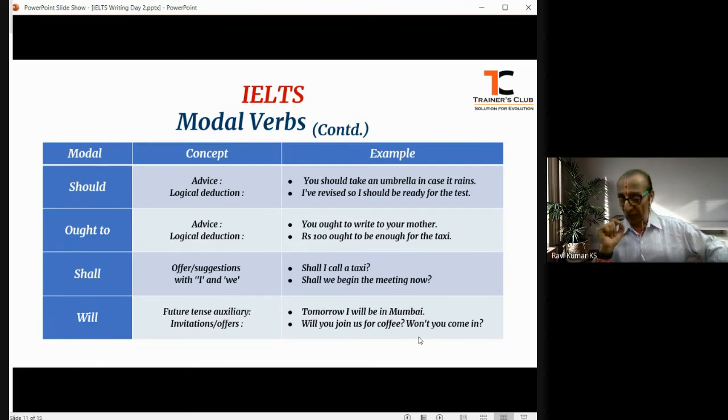Otherwise, if you get stuck legally somewhere, you are liable to be punished. When you say, I will pay you 500 rupees after a month, and you do not pay, somebody goes to court, you are punishable, because it becomes a promissory note, because you have said that I will pay.